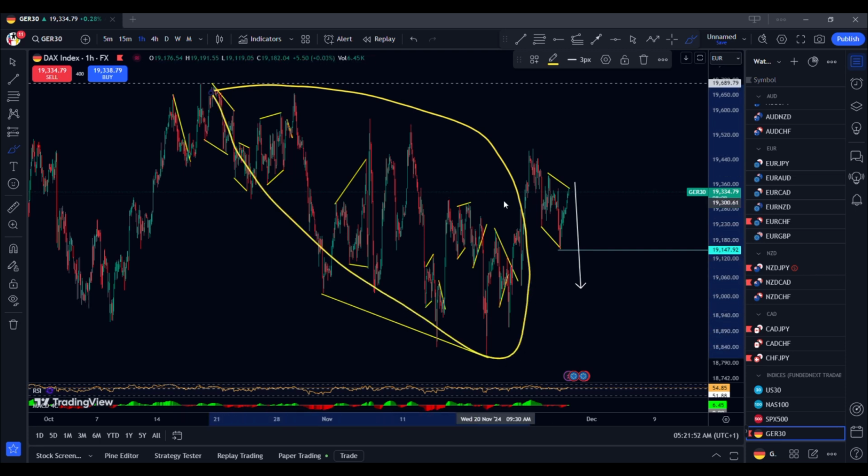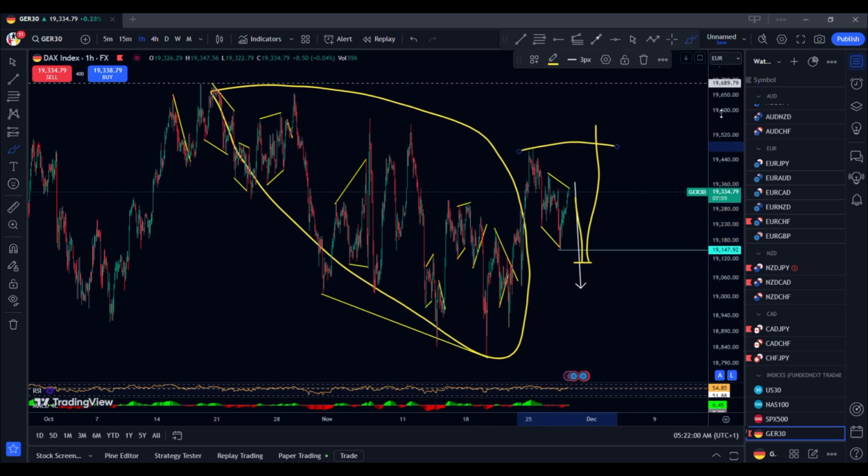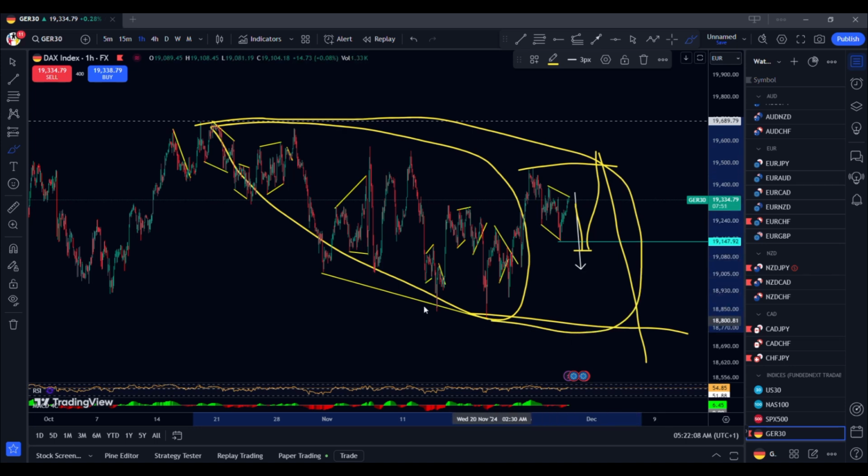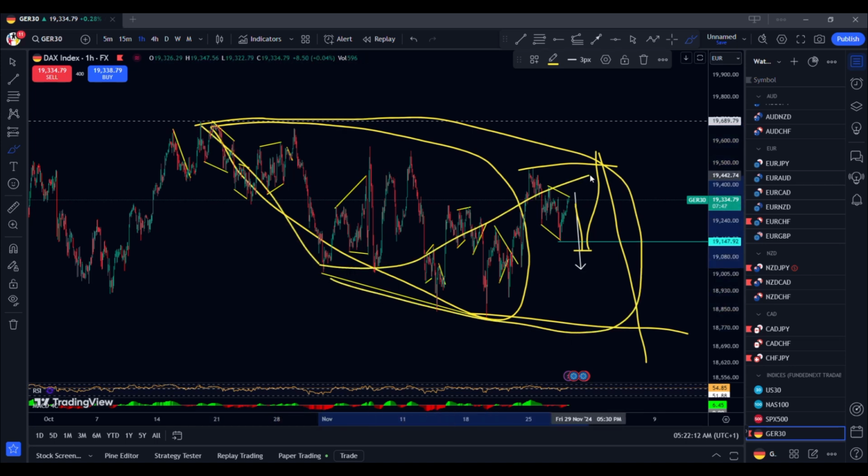But with what has happened here, there is a higher probability that even if this comes here, breaks this, goes back up to break this top, we are most likely coming down to break this low again. And with everything that has happened here, that will give us an impulse, a correction, and an impulse, which is a complete trend.